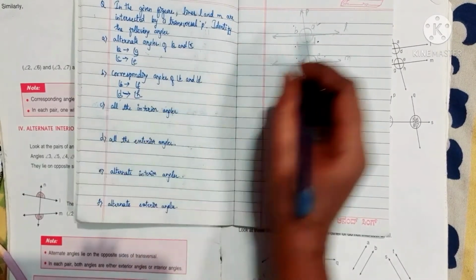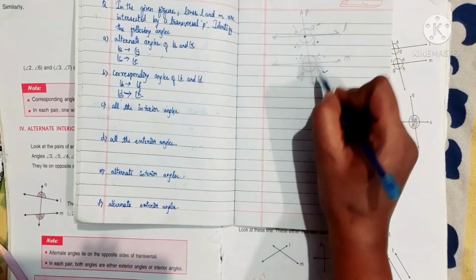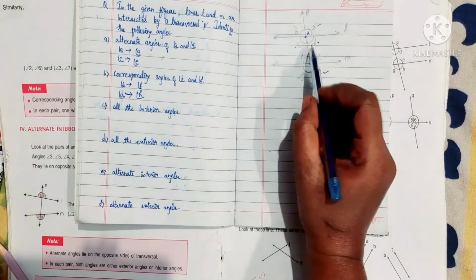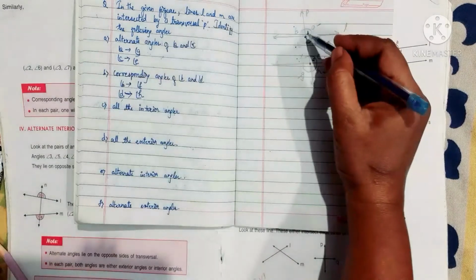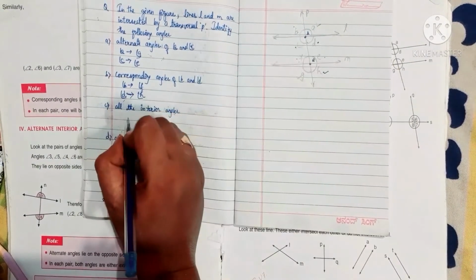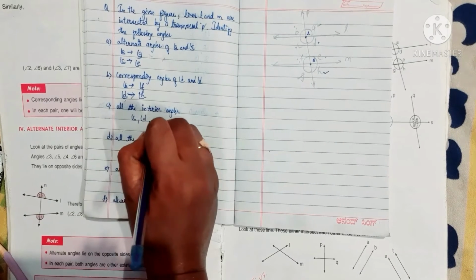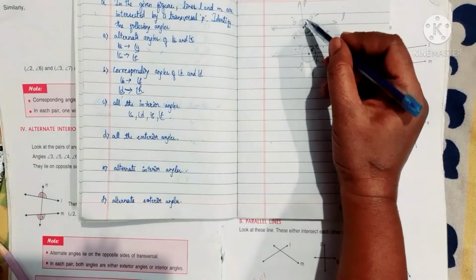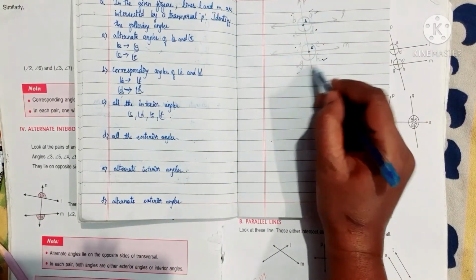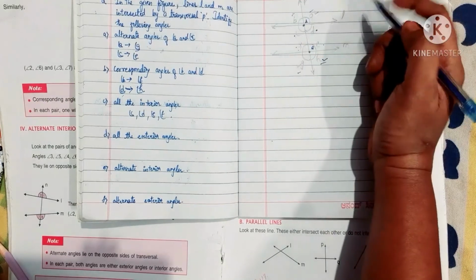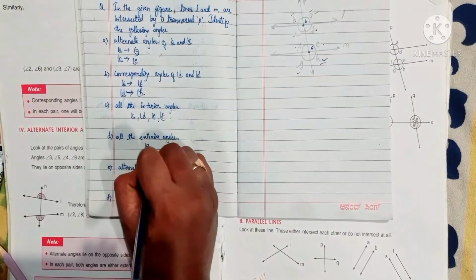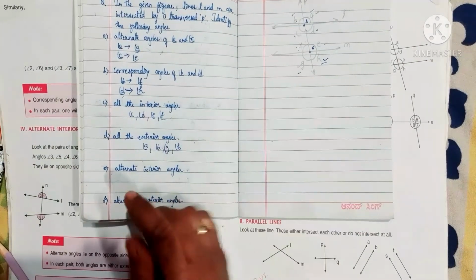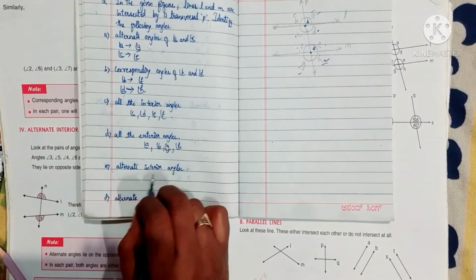All the interior angles: if I take these 2 points and call them A and B, the angles which involve line segment AB are angle C, angle D, angle E and angle F. All the exterior angles: the angles you have to consider are those which do not involve the line segment AB, they are angle A, angle B, angle G and angle H. Then the next one is alternate interior angles.